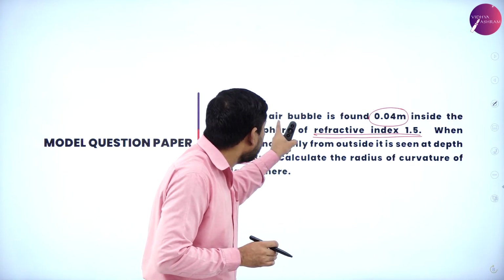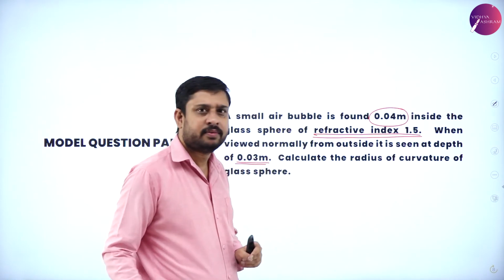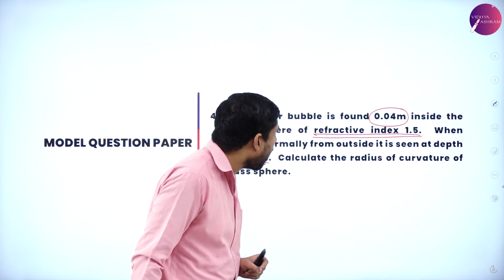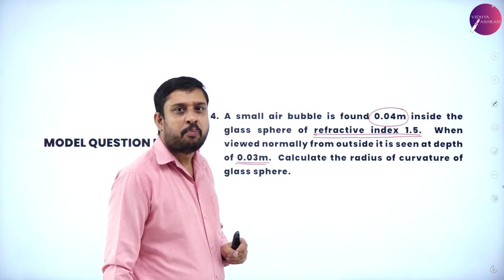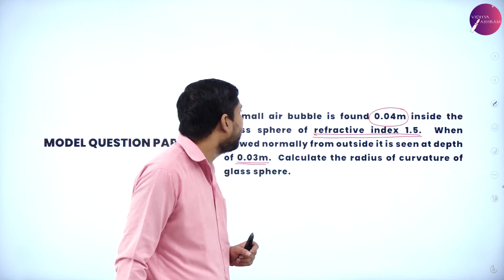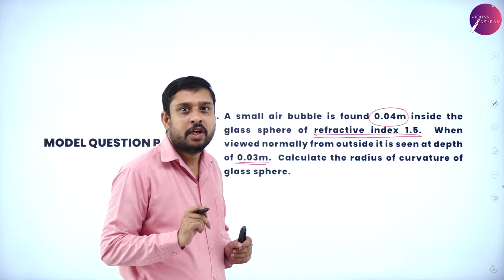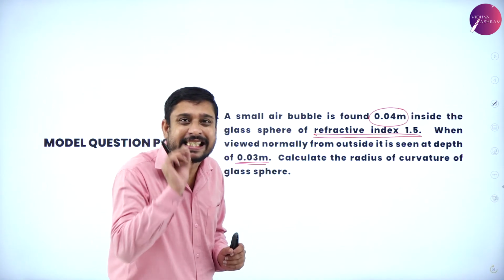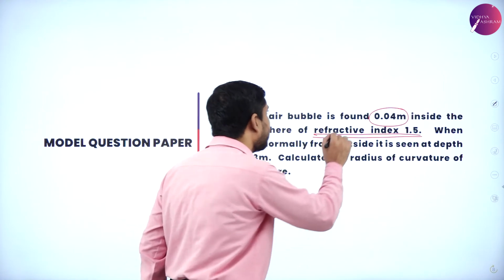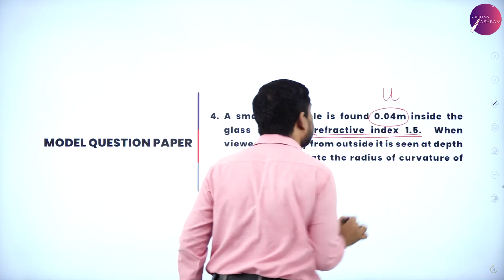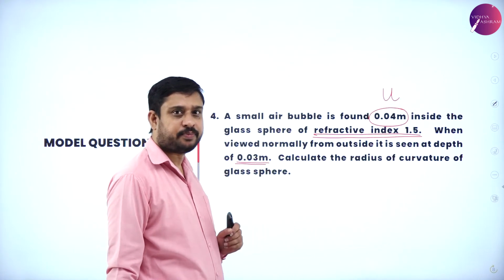A small air bubble is found 0.04 meter inside the glass sphere. So the object distance inside the glass sphere, U, is 0.04 meter.